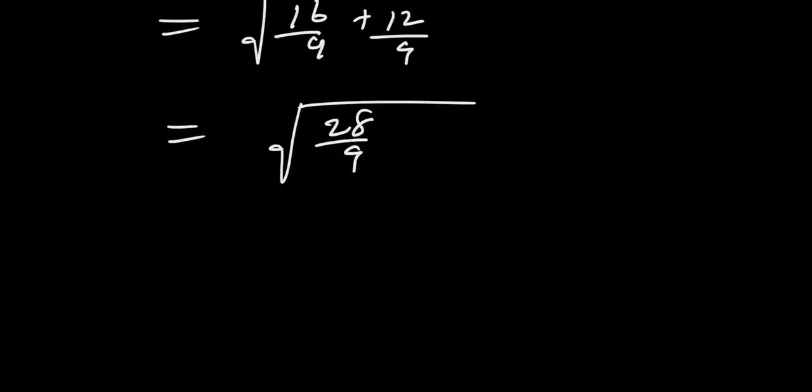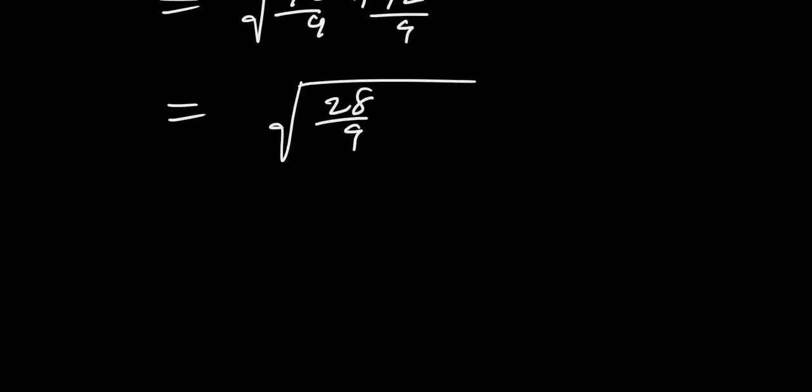Now, let's factor perfect square from this. So the numerator, this is the same thing as 4 times 7 over 9. 4 and 9 are perfect squares. So the square root of 4 is 2.